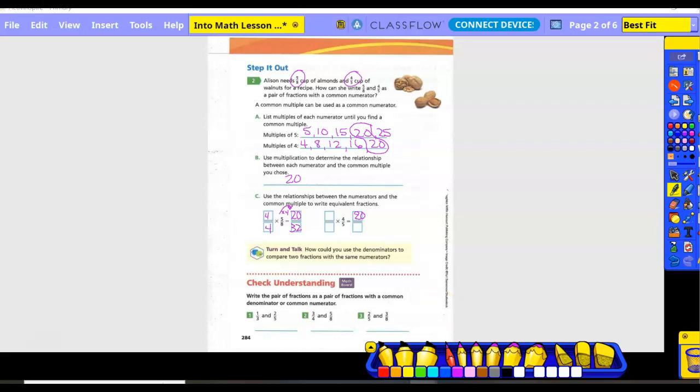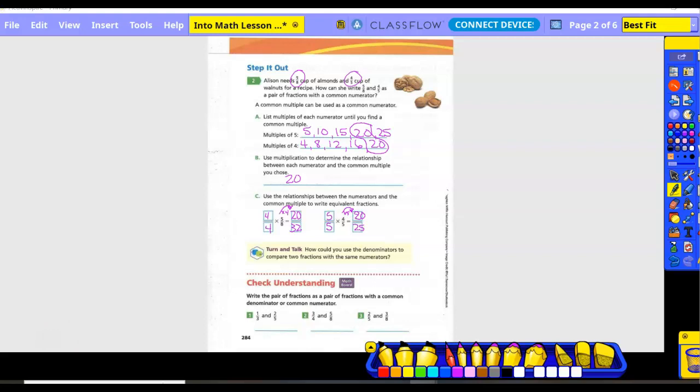Okay, so how did I get from 4 to 20? Times 5. What I do on the top, I do on the bottom. So what is 5 times 5? 25. Okay, so 5/8 is also equivalent to 20/32, and 4/5 is also equivalent to 20/25.